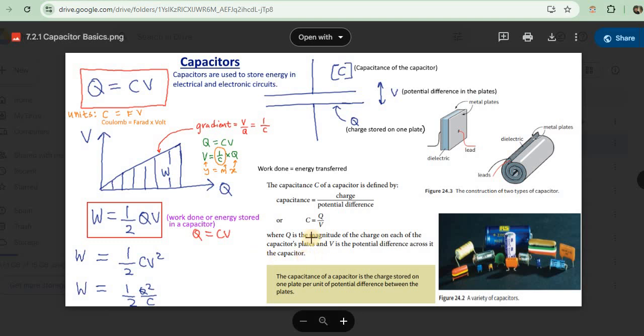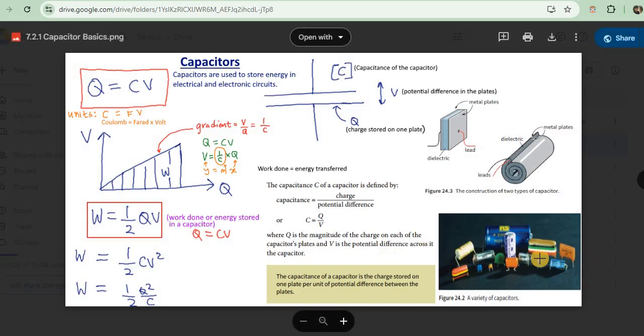That is the capacitance. So Q is the magnitude of charge on each of the capacitor's plates, so you can take one. Each one means either the positively charged plate or the negatively charged plate, and V is the potential difference across the capacitor.